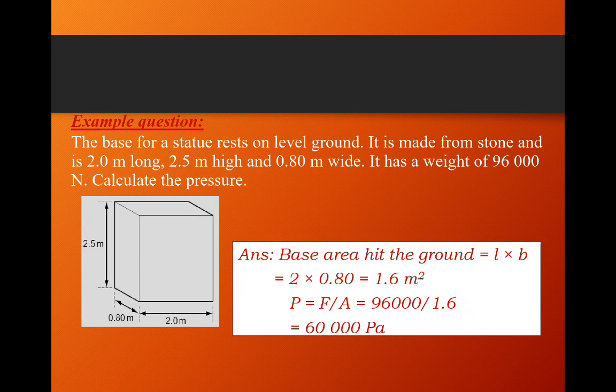So if we multiply it, we get the area, which is 1.6 meters square. So as pressure equals to force divided by area, the force we have is 96,000 Newton divided by 1.6 meters square. We get 60,000 pascals or 60 kilopascals.